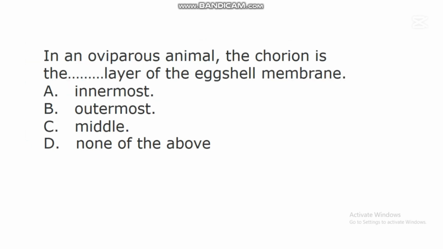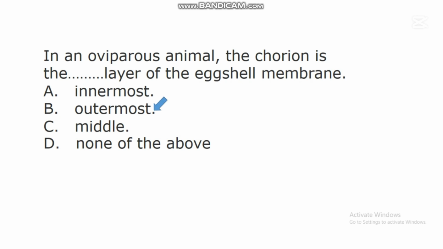The next question says, in an oviparous animal, the chorion is the dash layer of the eggshell membrane. A. Innermost layer. B. Outermost layer. C. Middle layer. D. None of the above. In this question, the correct answer is B, outermost layer.